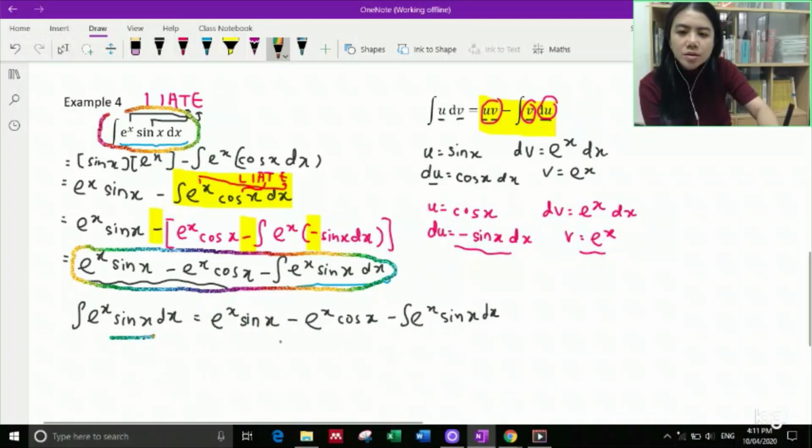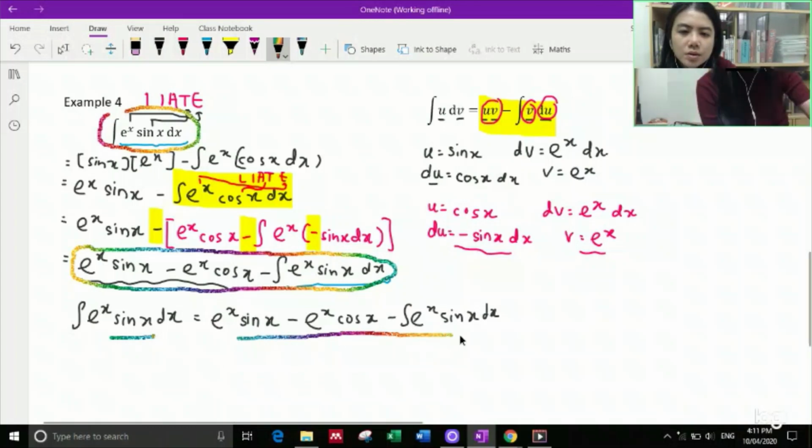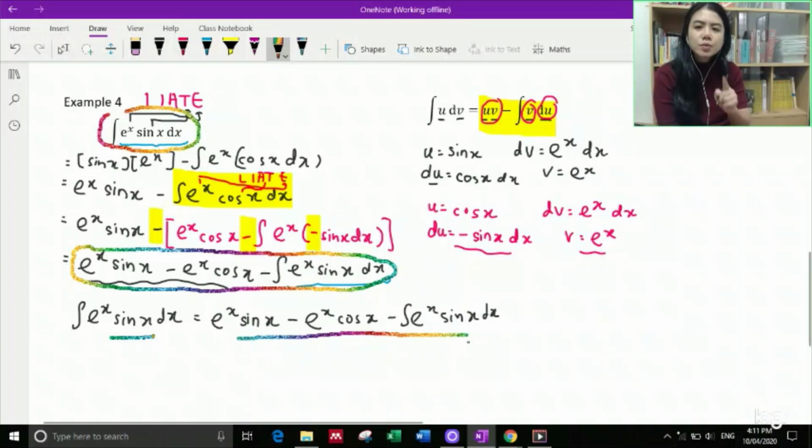This is the question, and this is the result. If you observe, because we have the same item on the left and on the right, what you can do is try to group them. How to group them? You want to make this disappear on the right hand side.